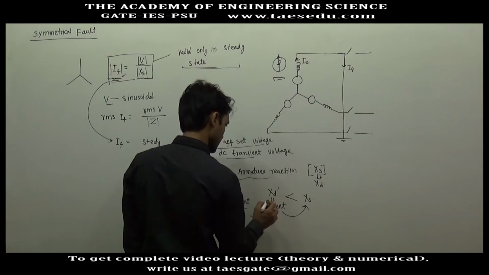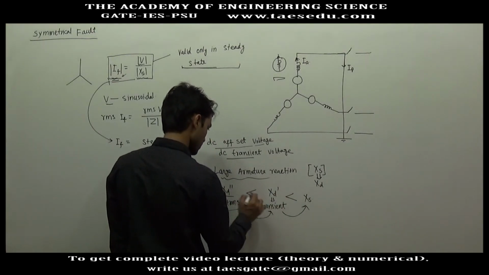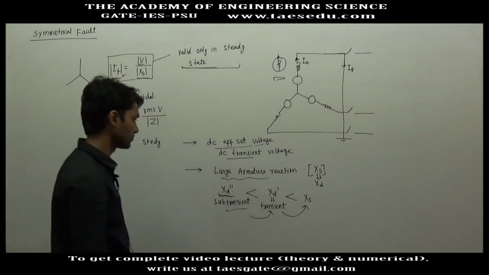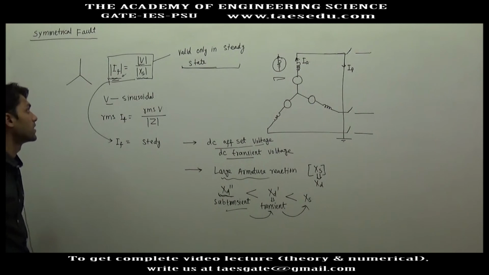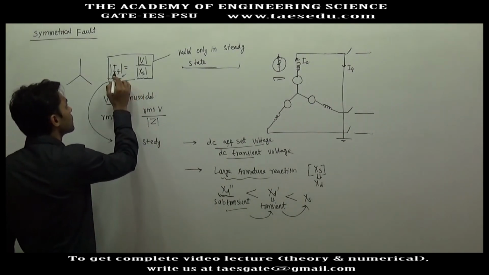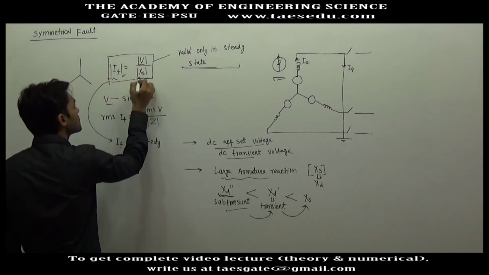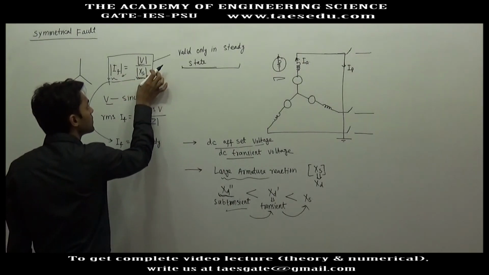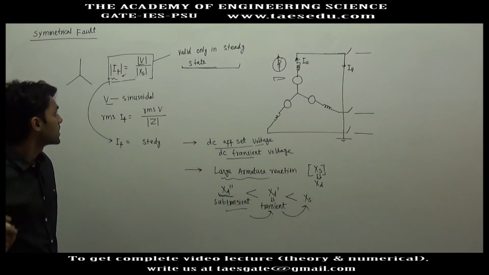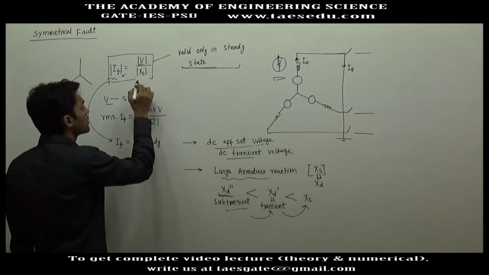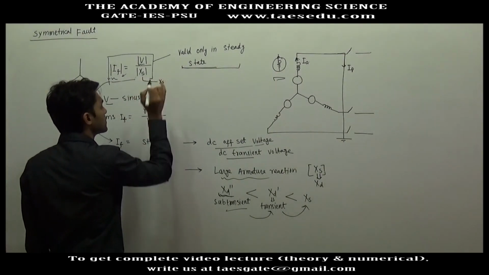XS will be greater than the transient reactance, meaning the least value will be the subtransient reactance. And in steady state, the formula for fault current I have derived is this formula, but the reactance offered by the generator will be XS only in steady state.